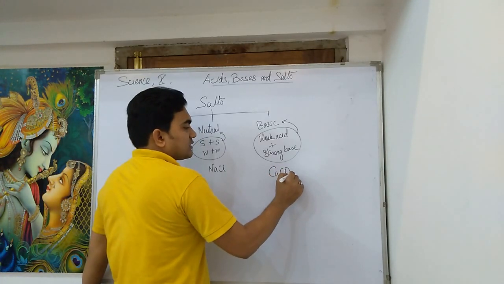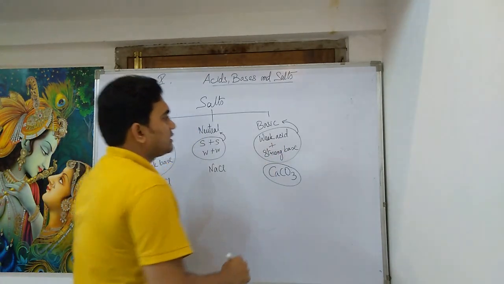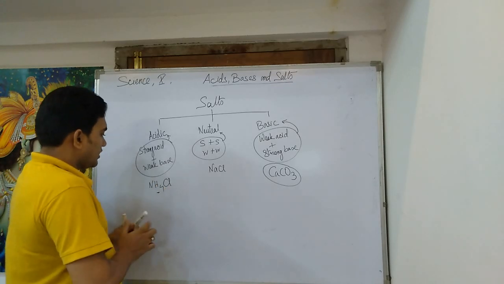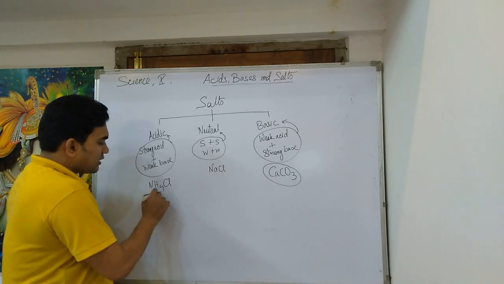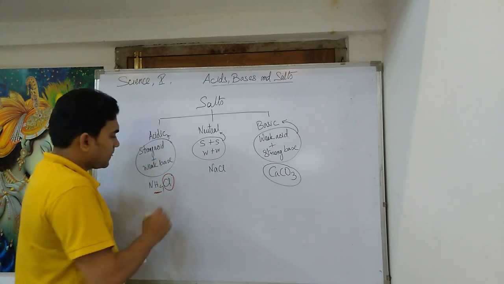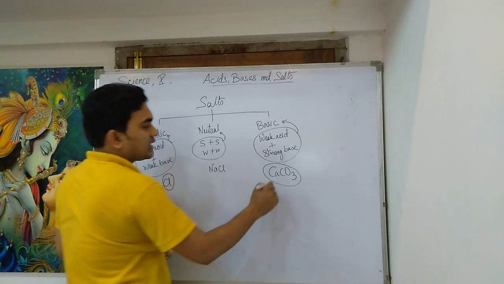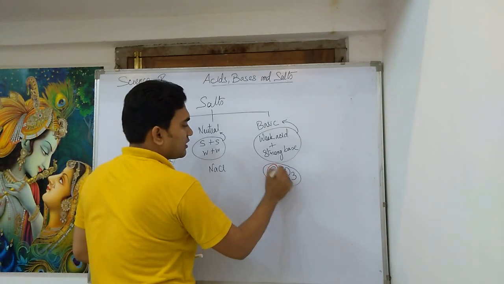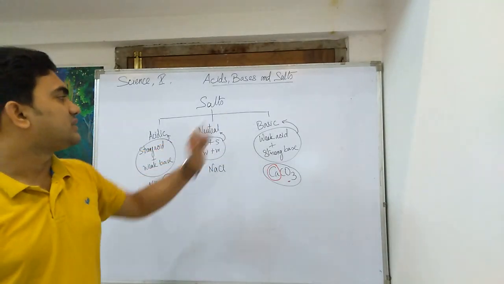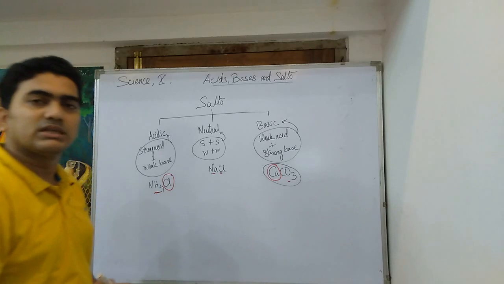If it forms a carbonate, then this is a basic salt. In ammonium chloride, the cation part was weak and the anion part was strong, so it was an acidic salt. Here the cation part is strong and the anion part is a bit weak, so the salt formed was a basic salt. And in NaCl both of them are strong, so it's a neutral salt.